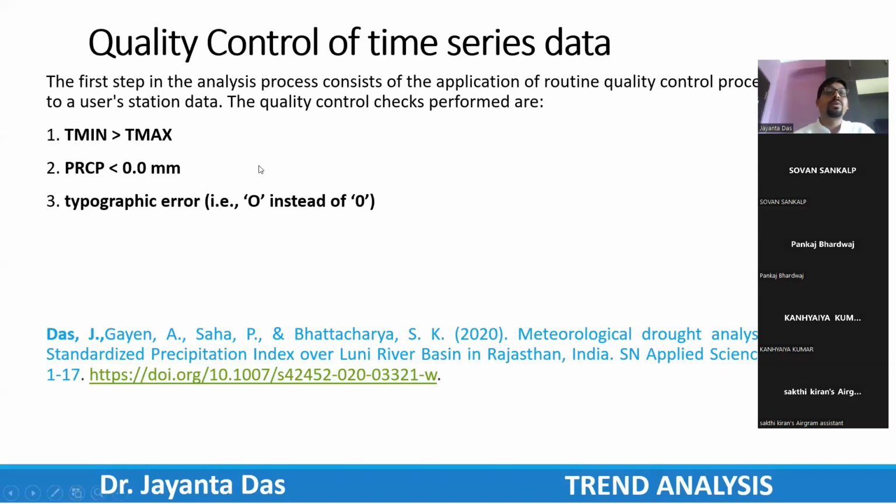Also in the case of temperature, maximum temperature and mean temperature: we know mean temperature is always less than maximum temperature. So we have to make sure that mean temperature is less than maximum temperature, and precipitation is always more than or equal to 0. It's never negative. So we have to confirm it.